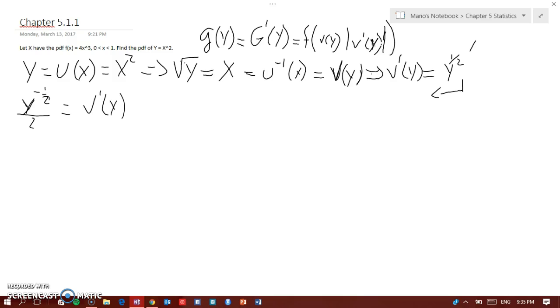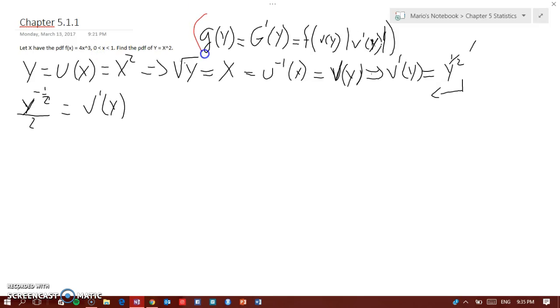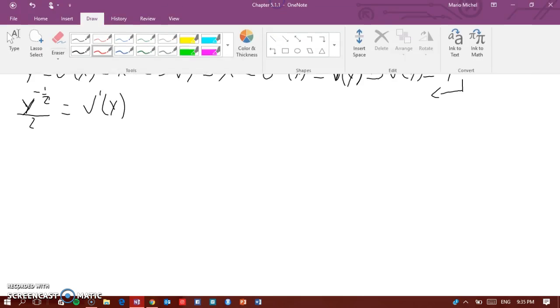Now let's apply this formula. Okay, let's go.